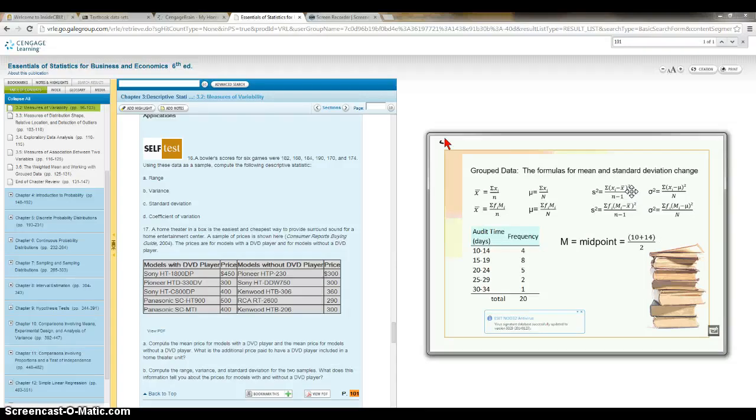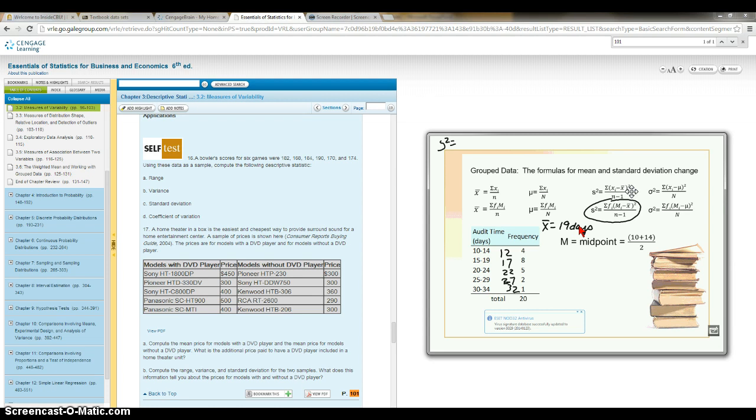So if I'm working on the variance, I'm going to get my midpoints back here as well. Okay, so this is my formula. And we know that x bar equals 19 days.